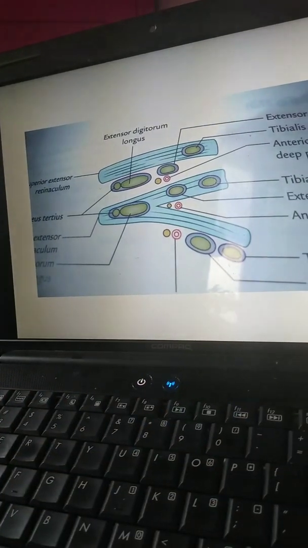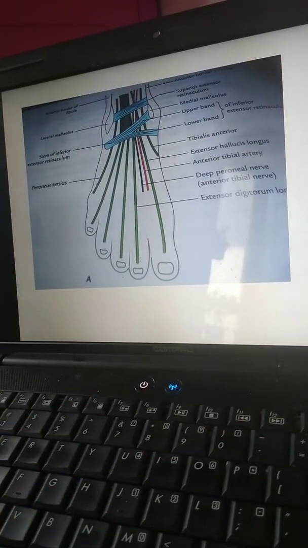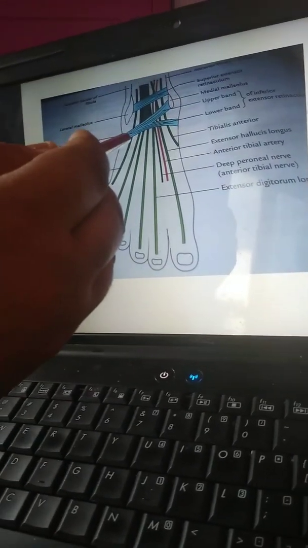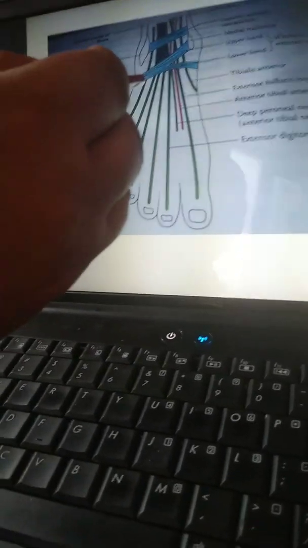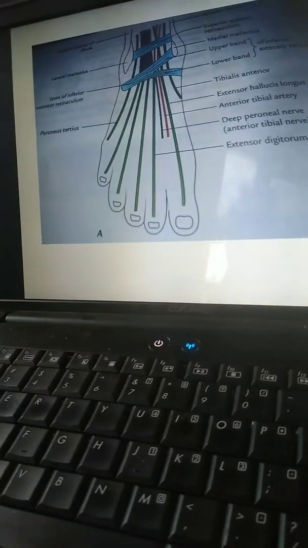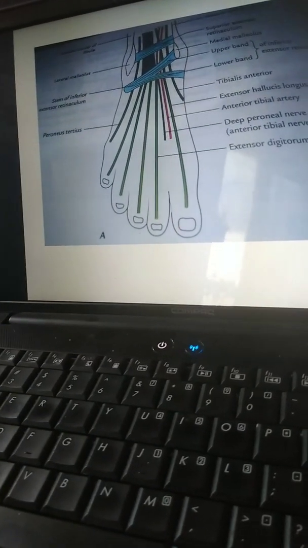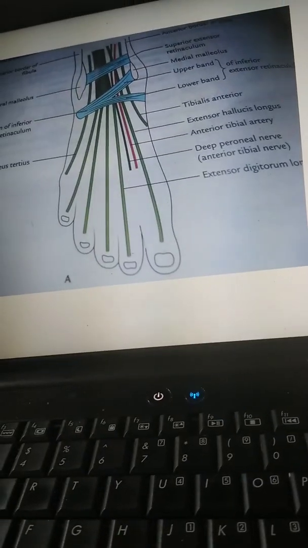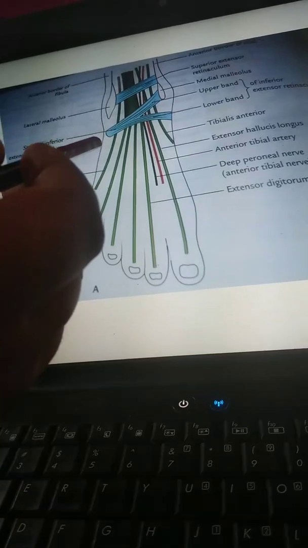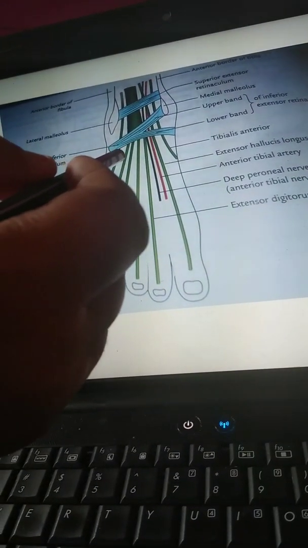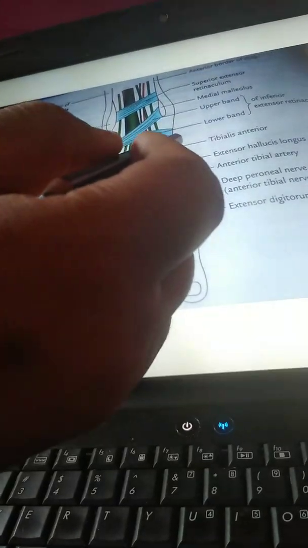Now, the inferior extensor retinaculum is a Y-shaped band of deep fascia situated in front of the ankle joint and proximal parts of the tarsus of the foot. The stem of the Y lies laterally, and the upper and lower bands lie medially.